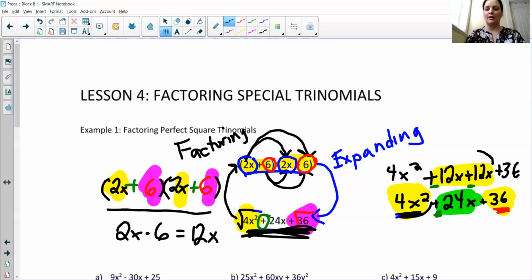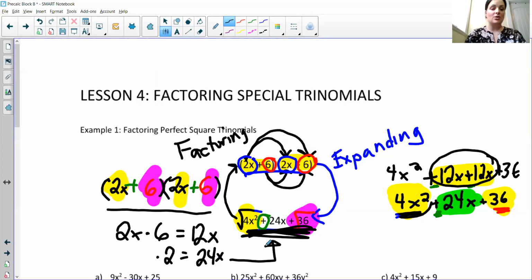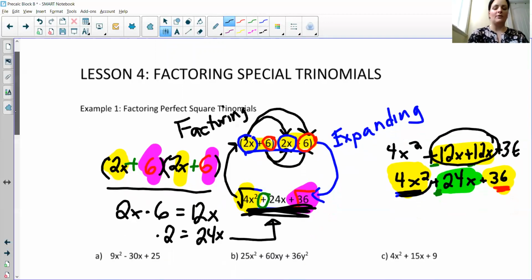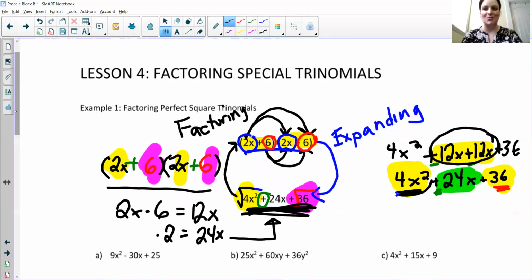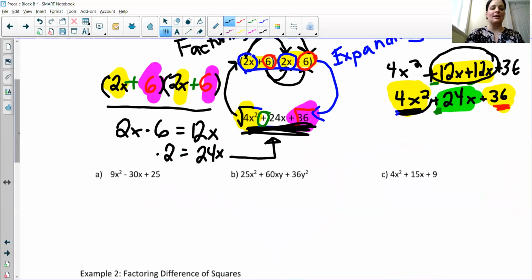Because remember, there were 2 terms that were grouped together. So then we multiply it by 2, and we get 24x. Is that what the middle term is? Yes. So that's why we know we can do that. I mean, of course, we knew this one was a perfect square because we did the foiling first, but let's do some practice at determining whether the following are perfect squares.